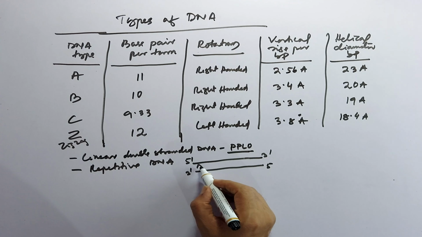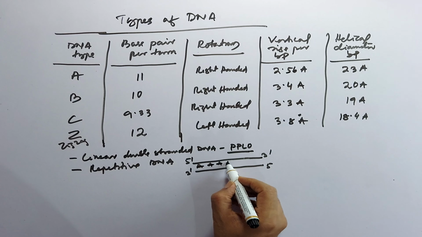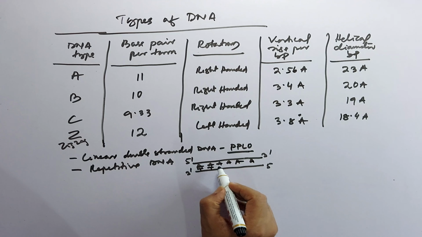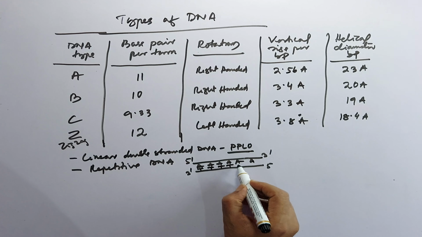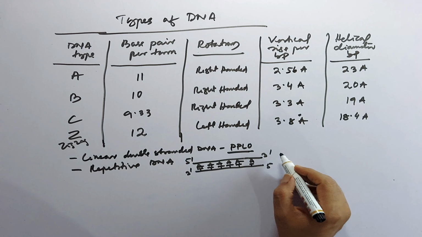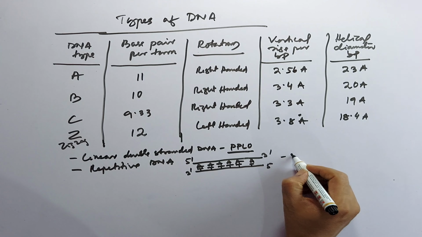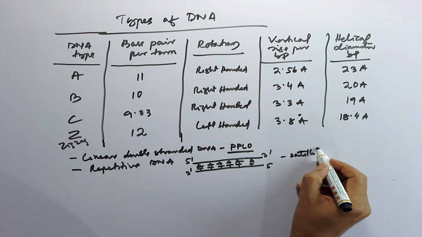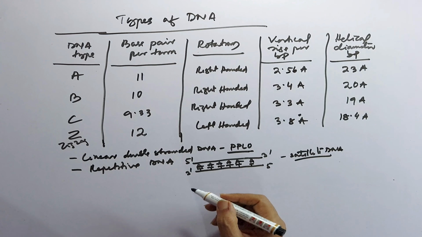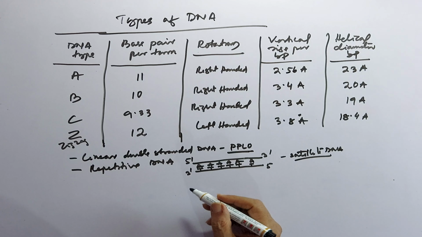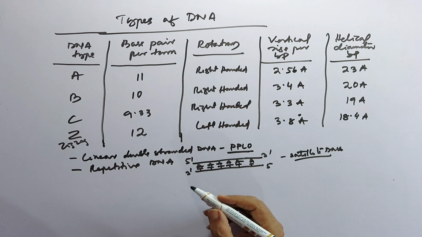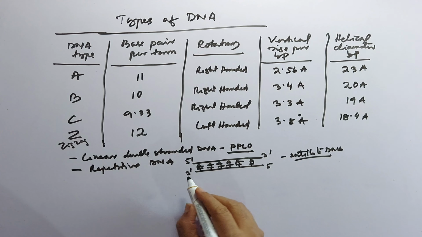Suppose A is repeated, then T is the complementary base pairing. This way repetitive DNA is found as satellite DNA, and it has a very important role in the DNA fingerprinting process, the VNTR regions.